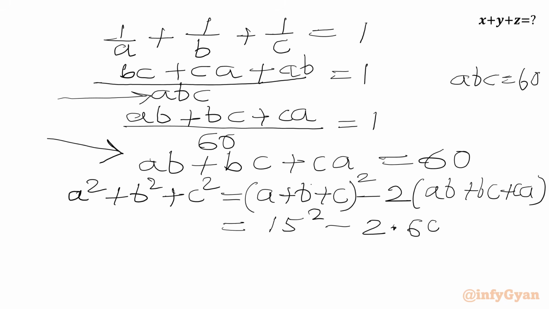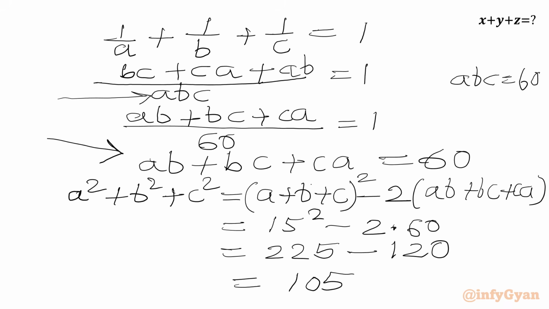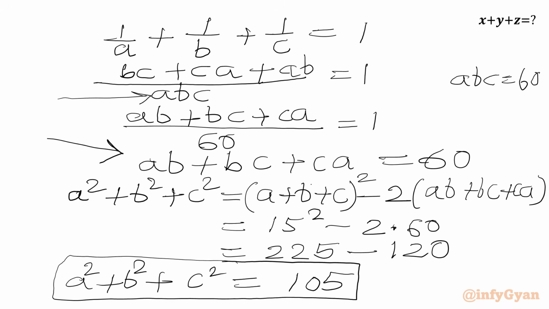We'll write 2 times 60. So 15 square is 225 minus 2 times 60 is 120. We are going to get 105. So A square plus B square plus C square is 105. We will use this result directly. Now I will consider this equation once again.